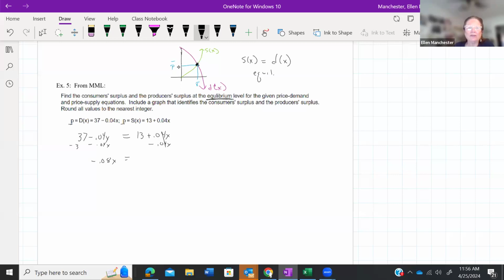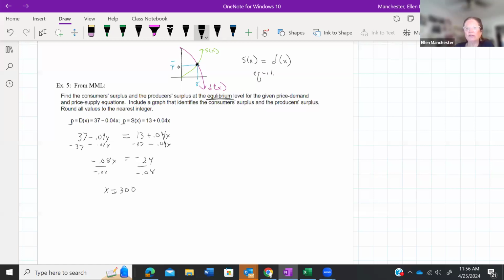And then we're going to subtract our 37, equals a negative 24. So 24 divided by 0.08 is 300. So x equals 300.